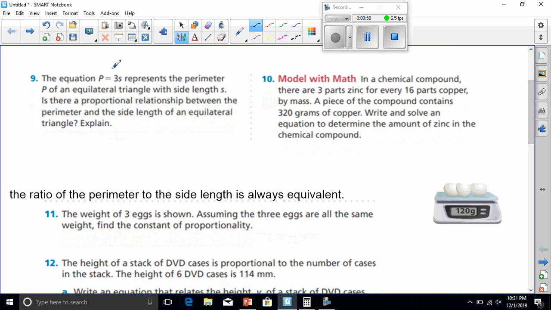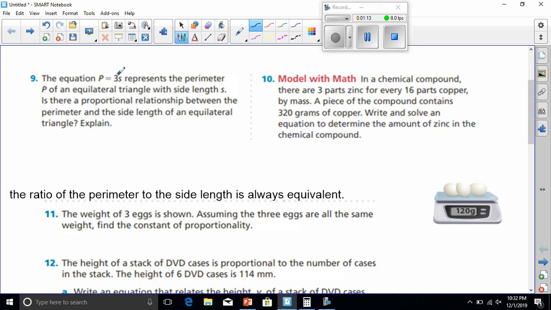The equation P equals 3s represents the perimeter P of an equilateral triangle with the side lengths s. Is there a proportional relationship between the perimeter and the side length of an equilateral triangle? Well, right when they give us this formula, this is the formula for a proportional relationship.